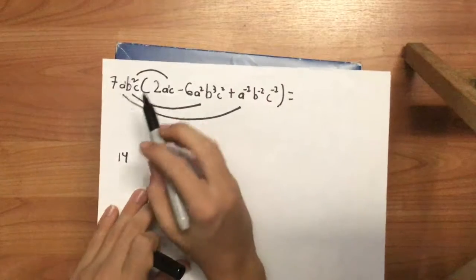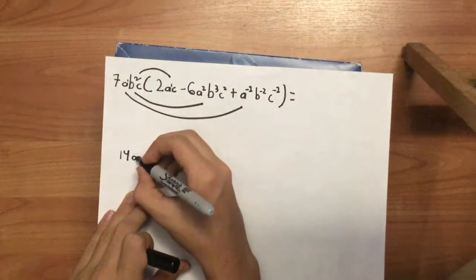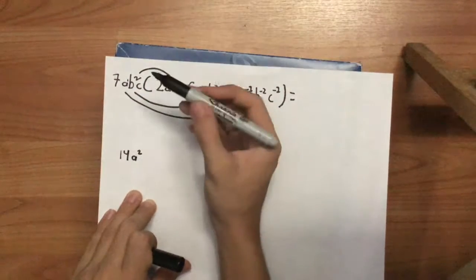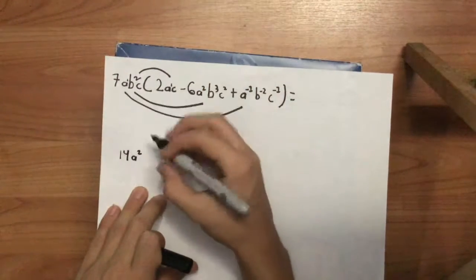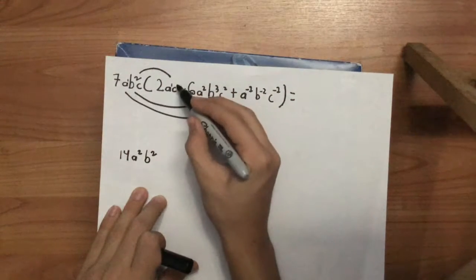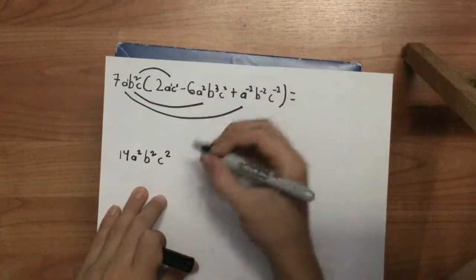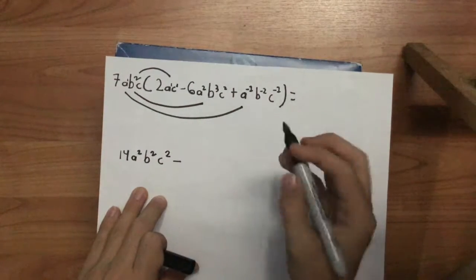So you multiply a times a, which will give you a to the power of 2, because you're adding them. For b, there's nothing here, so just write it down like b to the second power. C, you also have an imaginary 1, so c to the second power. We have a negative, so we write down the negative sign.